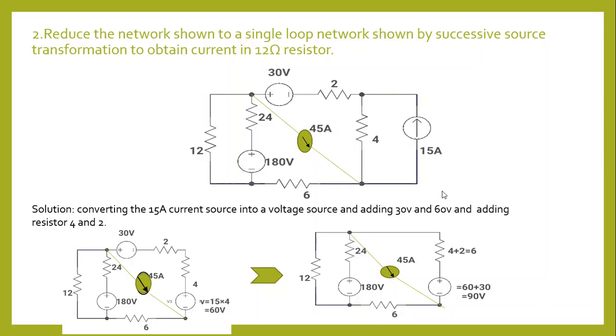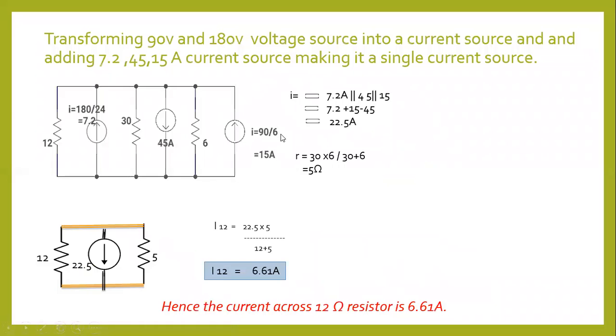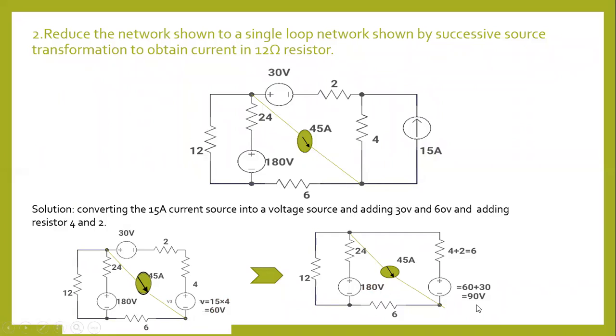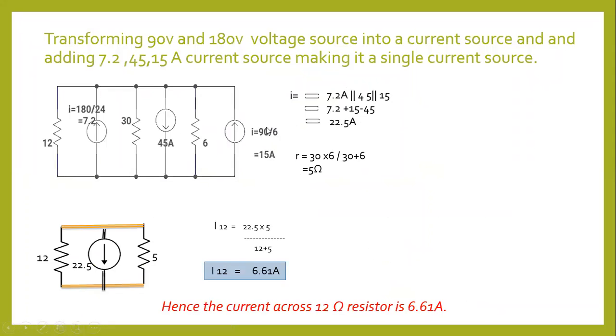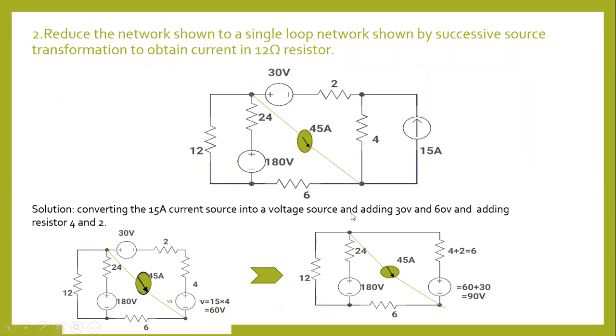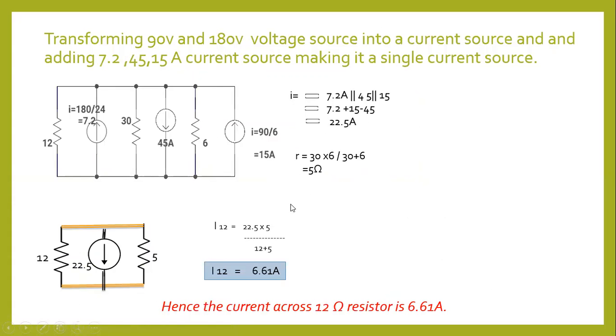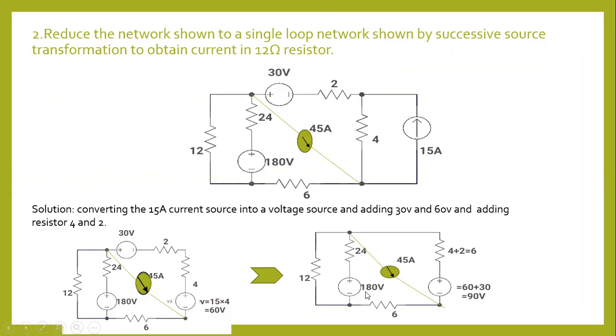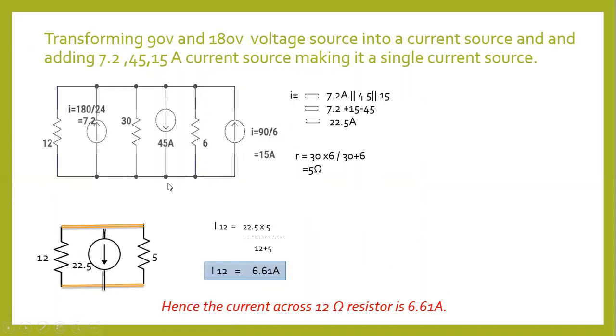So for this 90 volts, I is equal to V by R, 90 divided by 6, 15 amps, reconnecting the 6 ohms in parallel. The 45 amps was connected diagonally, and we've connected like this. And for this one, I is equal to V by R, 180 divided by 24, which is nothing but 7.2 amps.